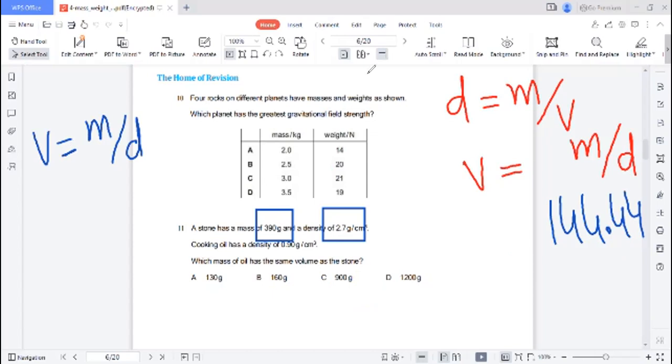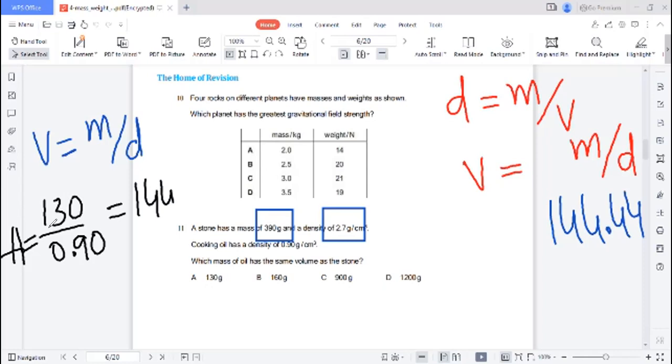For the first case, mass is 130 and density is 0.90. This is case A. For A, 130 divided by 0.9 gives 144.4.